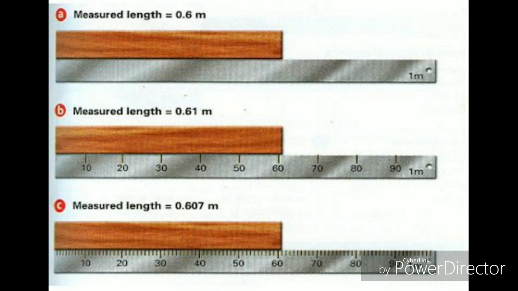Notice that the more ticks on the instrument, or the more graduations, the better the measurement can be reported with more decimal places. That's all significant digits are. Again, the instrument determines the significant figures.